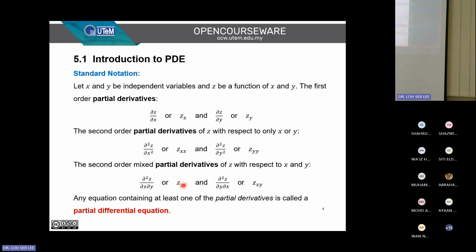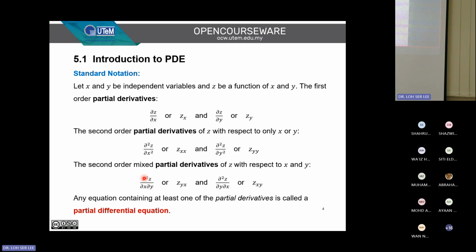If we use this notation, we are differentiating z with respect to y first, then from the output, we differentiate with respect to x. If you use the other notation, this also means we differentiate z with respect to y first, followed by x.